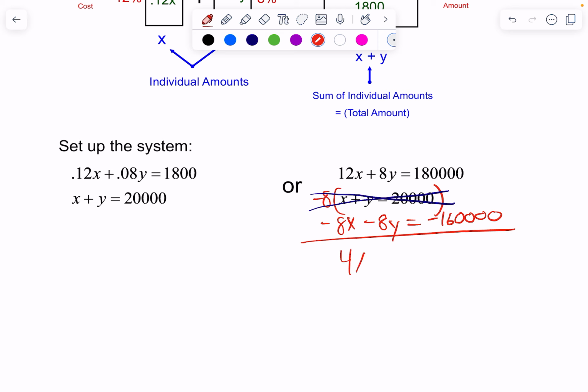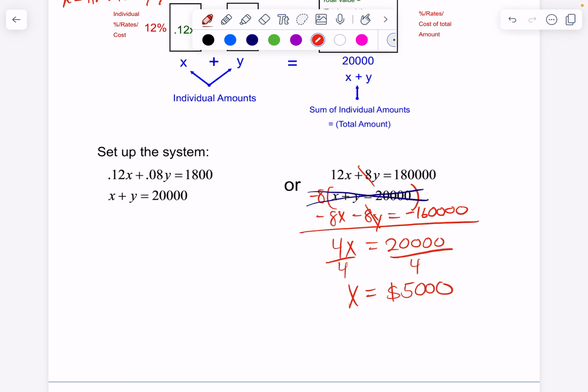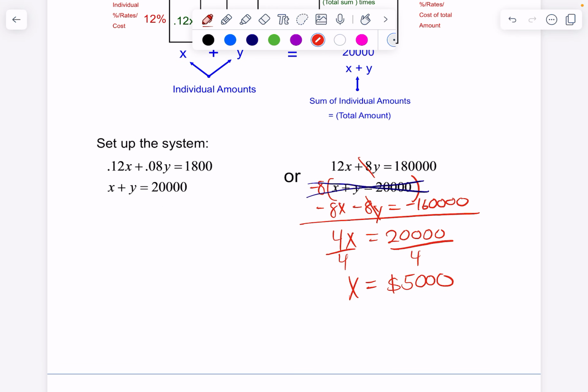So we've got 4x, the y's cancel. I've got 20,000 divided by 4. So x equals $5,000 that I have placed into the 12% account.